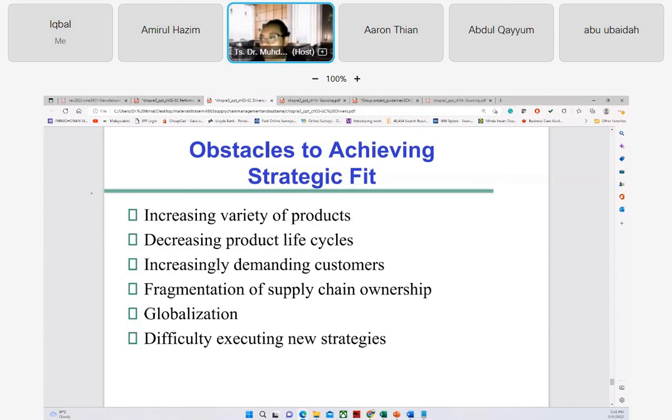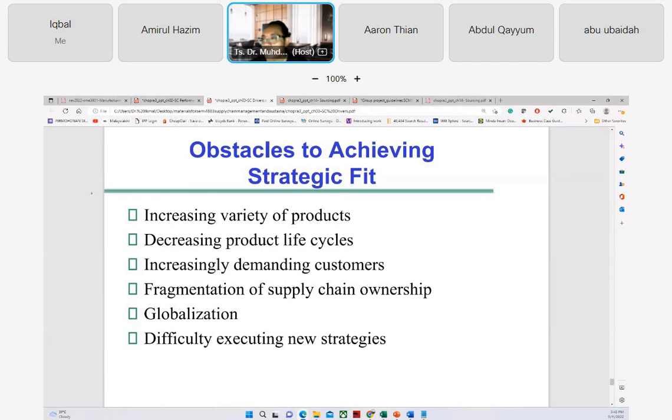So increasing the products is one of the obstacles to achieve strategic fit. You have to sometimes go into deeper research and investigation, do a proper survey: is it worth it for you to introduce another product?